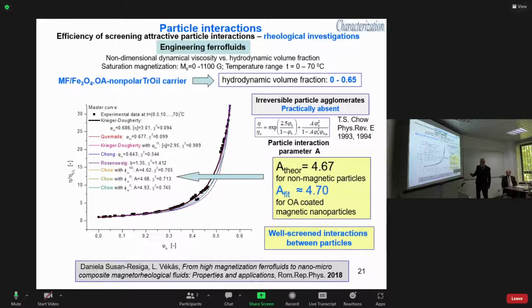The interaction parameter in theory says this value, and we fit it for our magnetic particles, which interact, of course, and it's very close to the non-magnetic particles, which means, again, the conclusion that if you stabilize the ferrofluid well, you can screen the attractive interactions which practically destroy the ferrofluid. Okay.